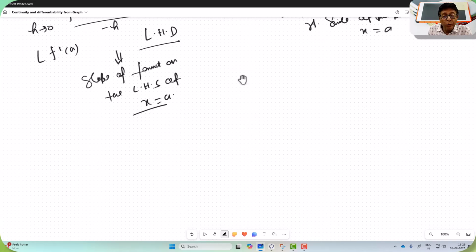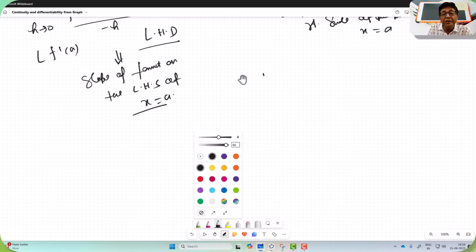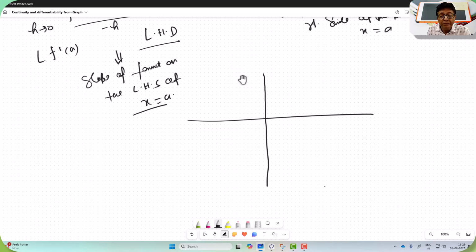Okay. If I draw the graph of a function like this, at every point, if you draw the tangent to the curve, the tangent has unique direction.